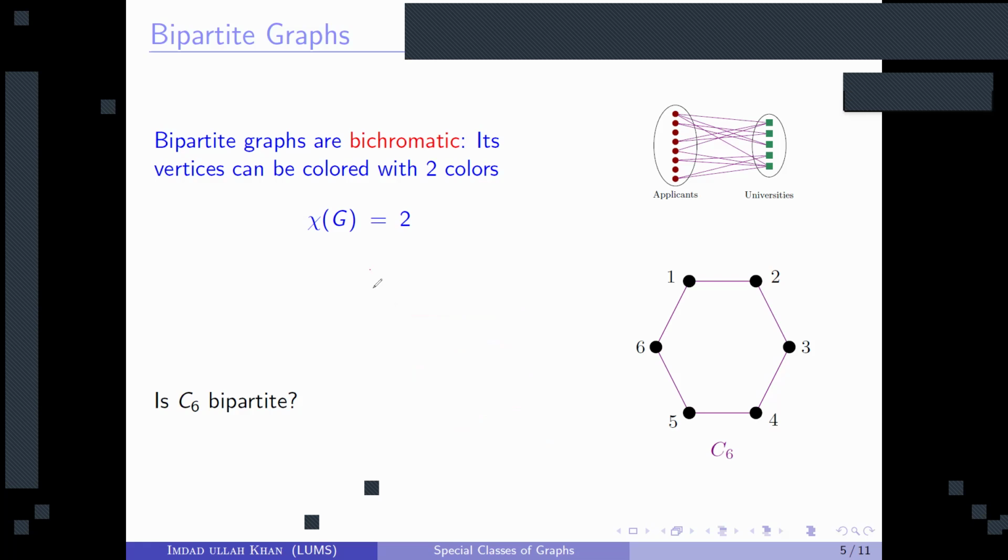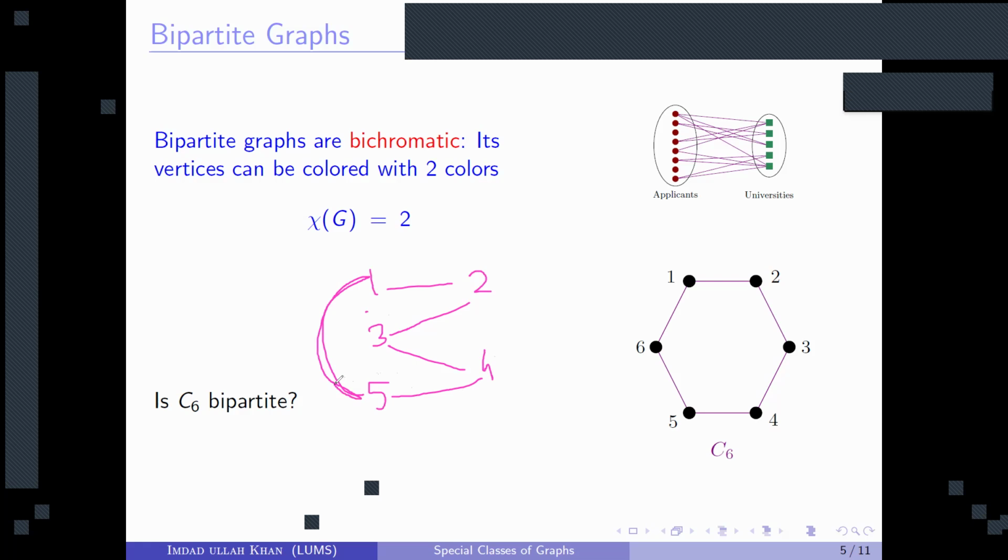So C5 is that I start with 1, go to 2, 2 is connected with 3, 3 is connected with 4, 4 is connected with 5, is connected with. So now see, this is the problematic edge. This has to fall within the same partition, which is not allowed. Does that make sense? So C5 is not bipartite.